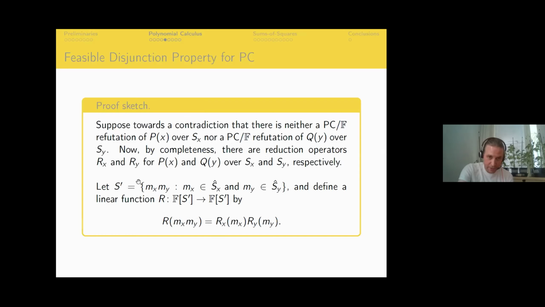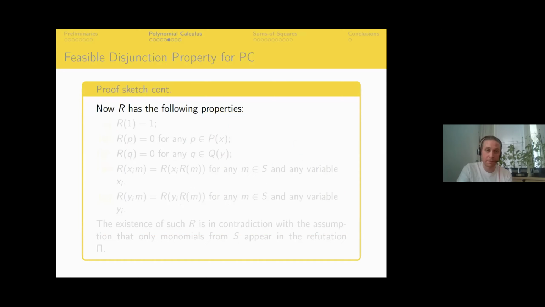That's just the products of all these monomials from the hatted versions of these projections, basically, and define this basically using Rx and Ry as components here.